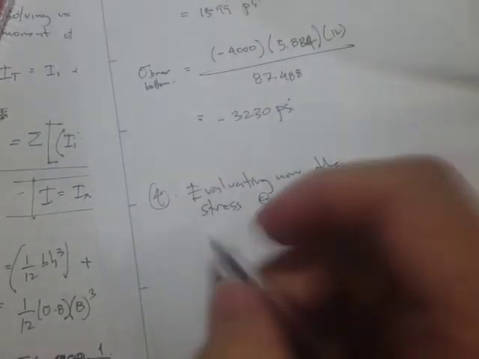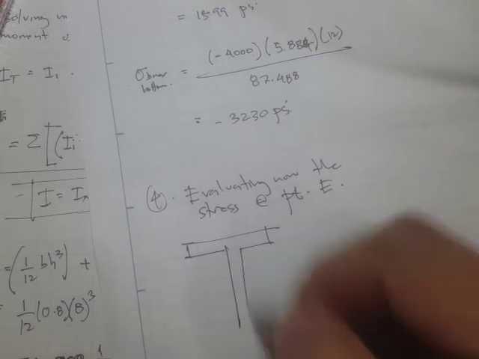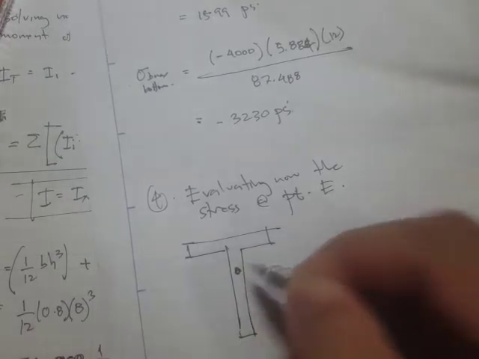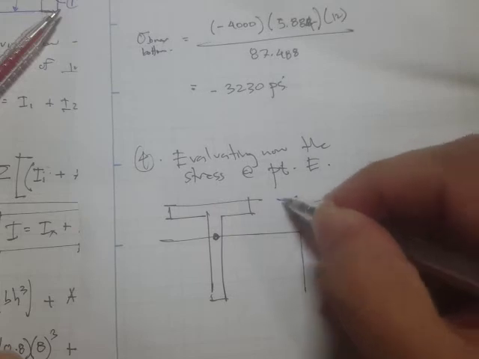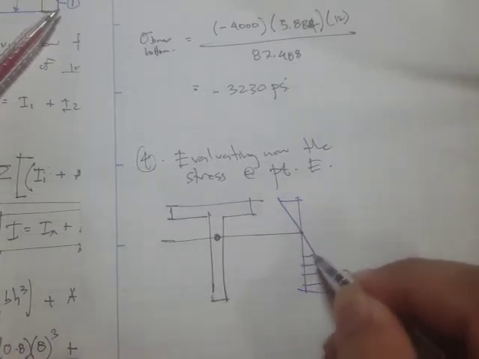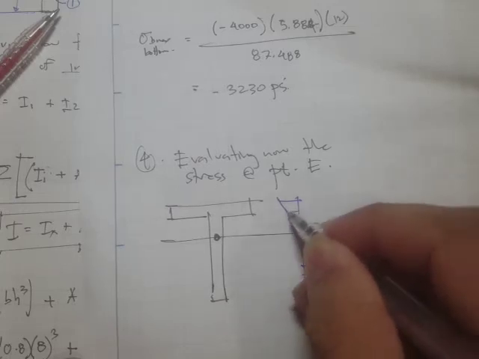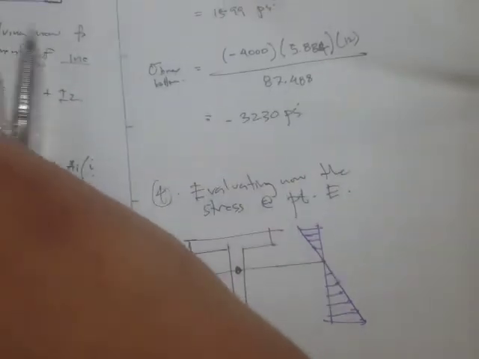Okay, so for point E, let's draw again the shape, and here's our centroid. For the stress, the top portion is in compression, and the bottom portion is in tension. The distance is still the same.